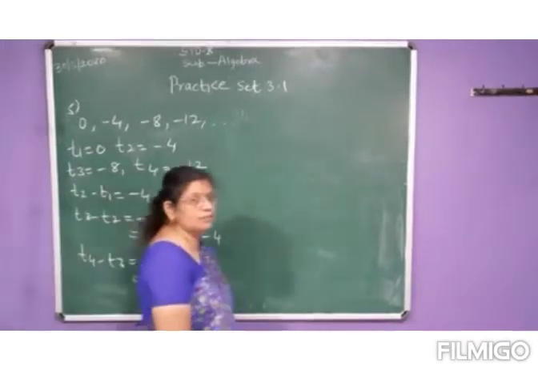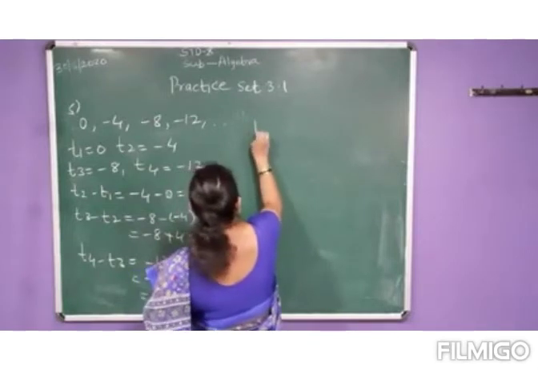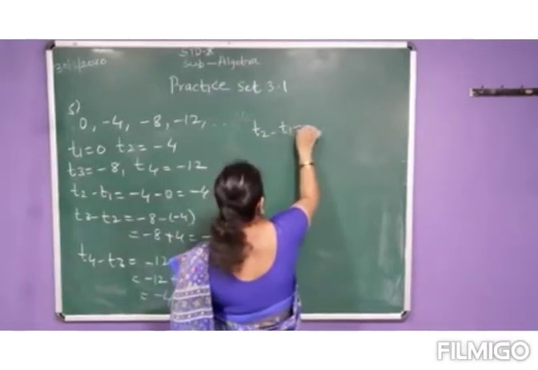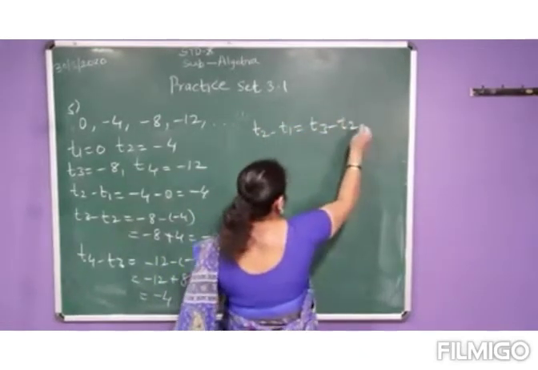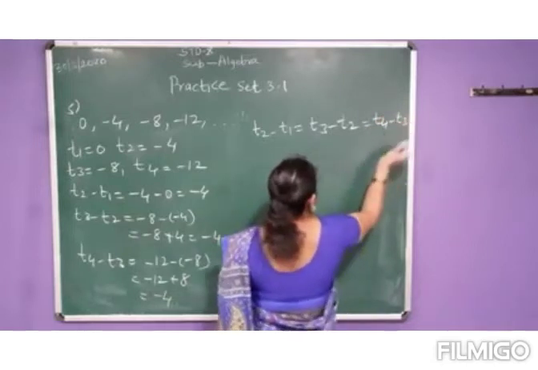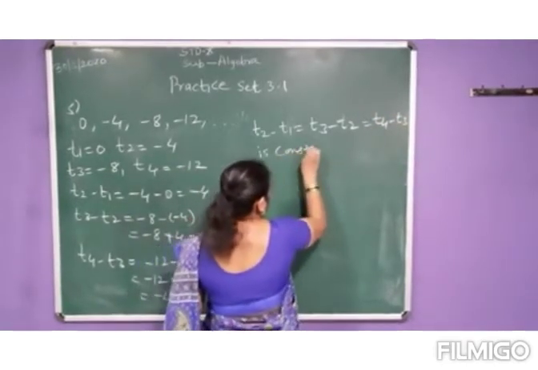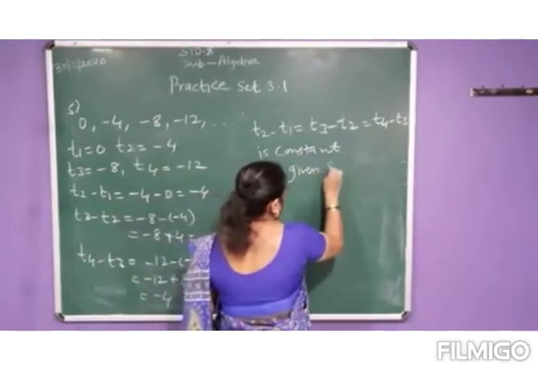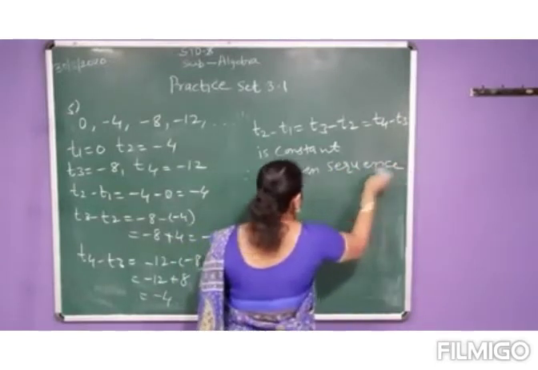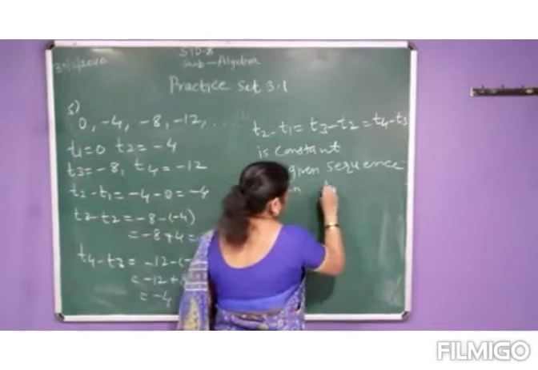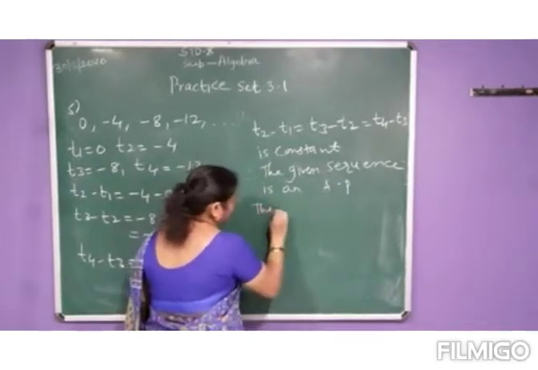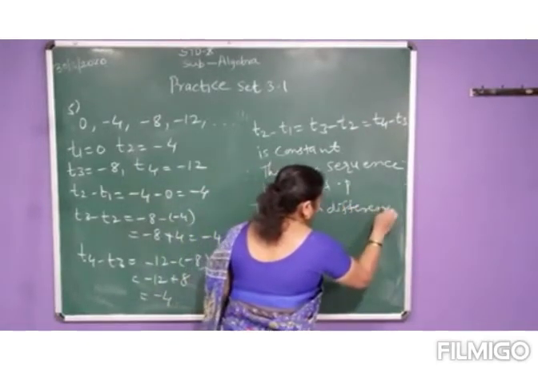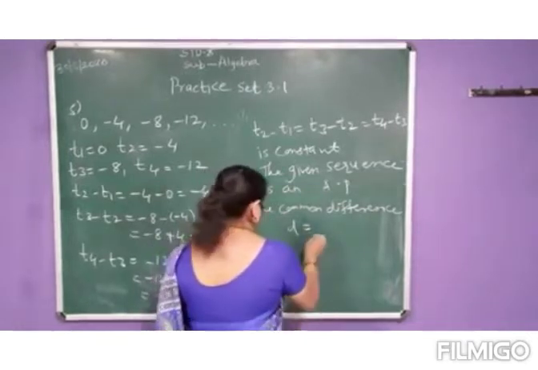Here the common difference between the two consecutive terms is constant. So what you will write here, this way also you can write: T2 minus T1 is equal to T3 minus T2 is equal to T4 minus T3 is constant. Therefore, the given sequence is an AP and the common difference D is equal to minus 4.